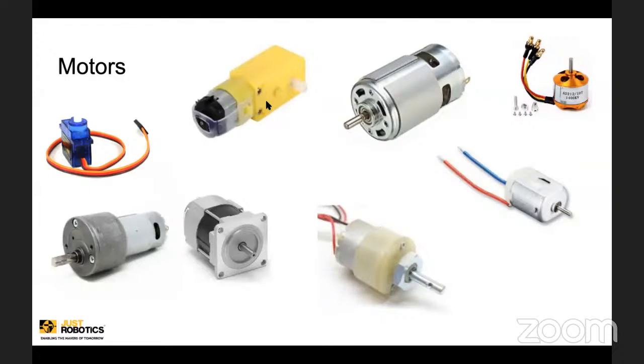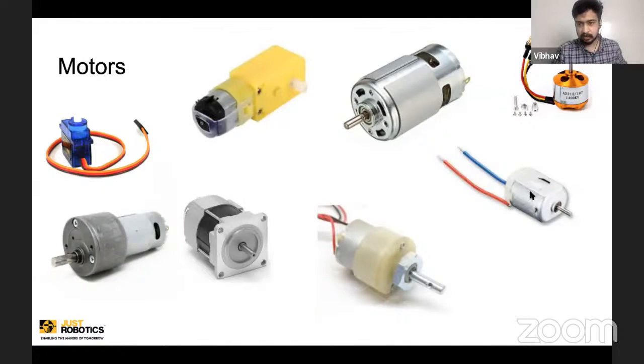We have a vibration motor as well, which we use for the mobile phones. Vibration motors, I have not put the photo here, but the motor that you see with the blue and red terminal on the right is something that you can use to do it.